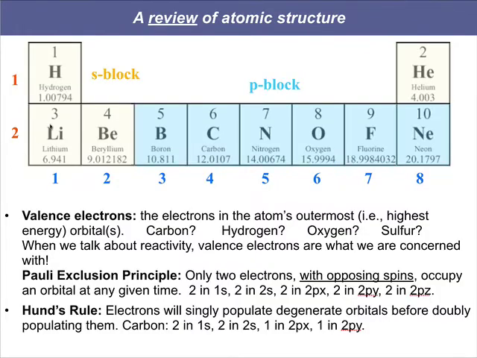So at least looking at level 1 and level 2 here, we notice that we have 8 slots going from left to right. And again, going left to right, that tells us the number of valence electrons, right? So lithium would have 1 valence electron in its level 2 shell. Beryllium would have 2 electrons in its level 2 shell. Carbon would have 4 valence electrons in its level 2 shell.